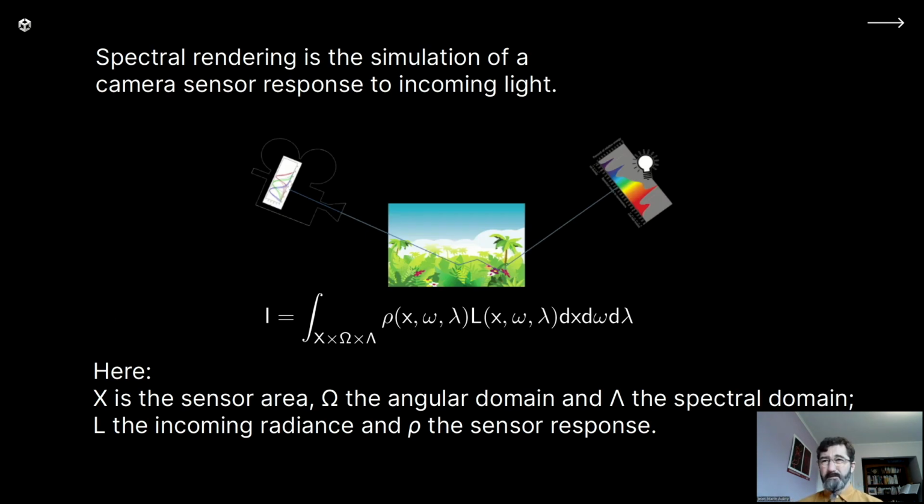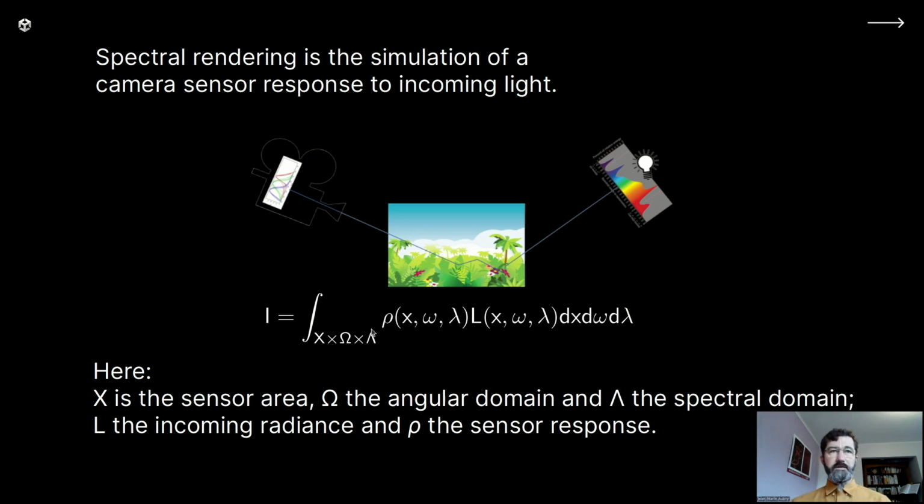Okay, so first, a brief overview of what we are talking about. In spectral rendering, we are simulating the response of a camera sensor, that is the R, G, and B component of a pixel, to incoming light. The model for this is an integral over the sensor area, X, over the incoming angular domain, omega, and over the wavelength domain, lambda.